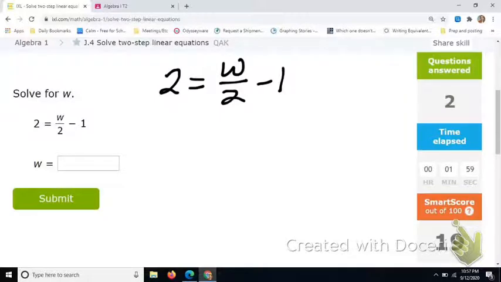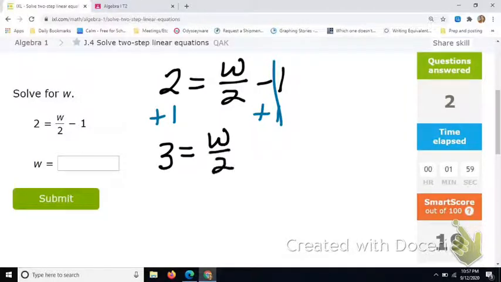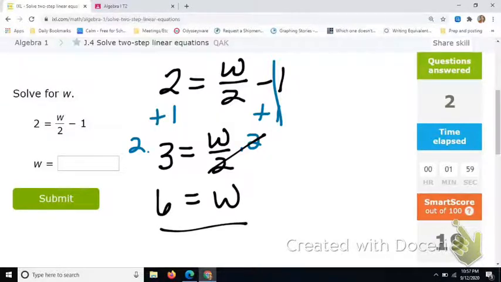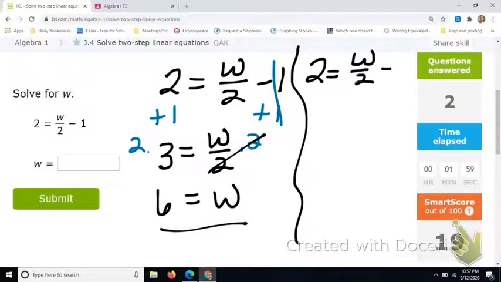I can add 1 first, and then multiply by 2. Even though it's not a big fraction, I could choose to multiply first.